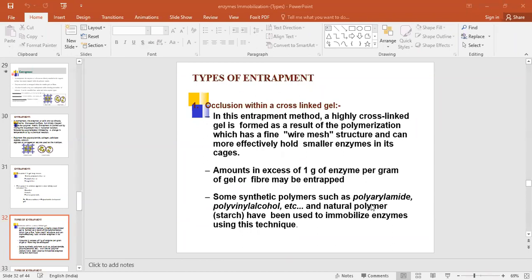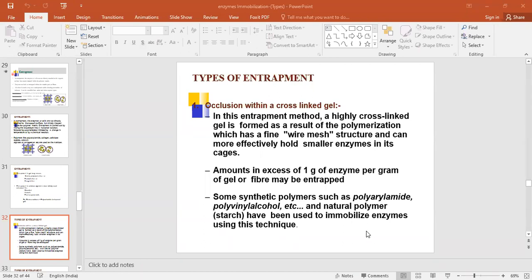So by using this method, the amount in excess of 1 gram of enzyme per gram of gel or fiber can be trapped. Means by using this occlusion within the cross-linked gel, you can trap 1 gram of enzyme per 1 gram of gel.